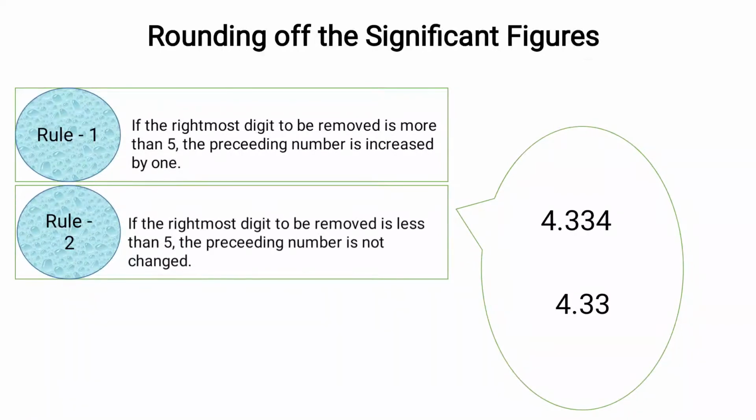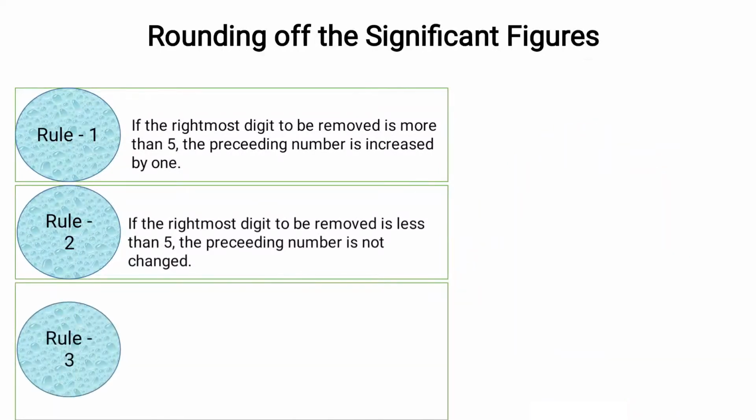Now let us go to rule 3. Rule 3 says that if the rightmost digit to be removed is equal to 5, then there are two possibilities. In rule 1 we studied the rightmost digit greater than 5. In the second rule we studied the rightmost digit lesser than 5. Now the third rule will tell us what to do if the rightmost digit to be removed is equal to 5.